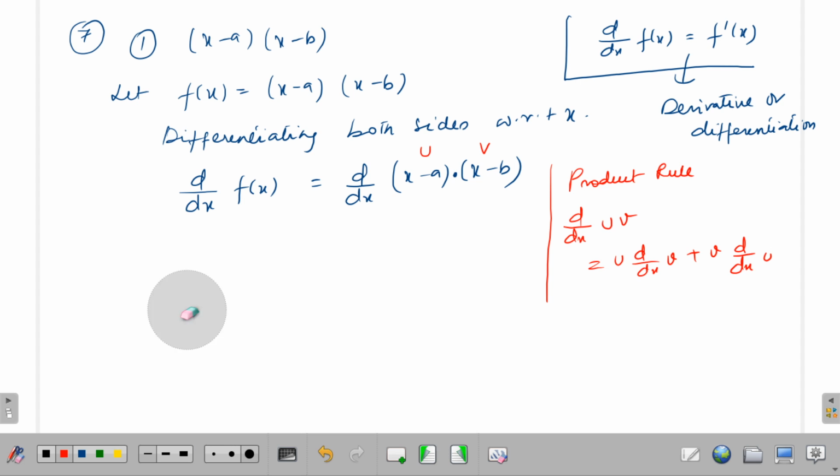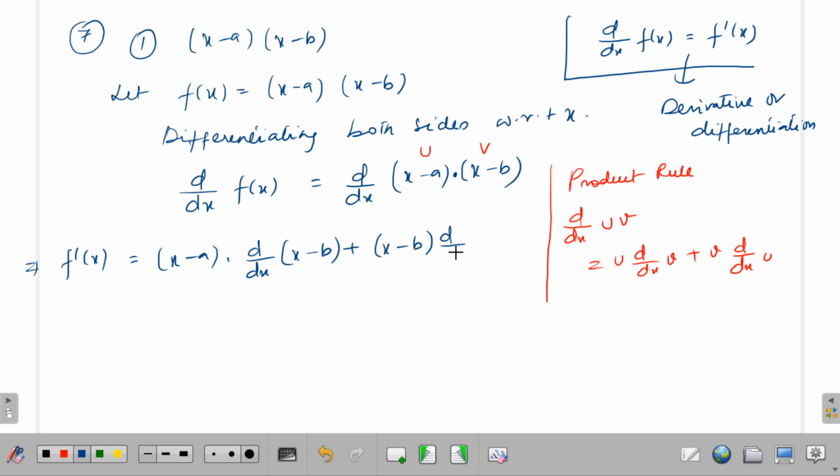So let me just write it nicely. So I will get here f dash x. So your u is x minus a and d by dx of your x minus b, and similarly plus x minus b and then d by dx of your x minus a.